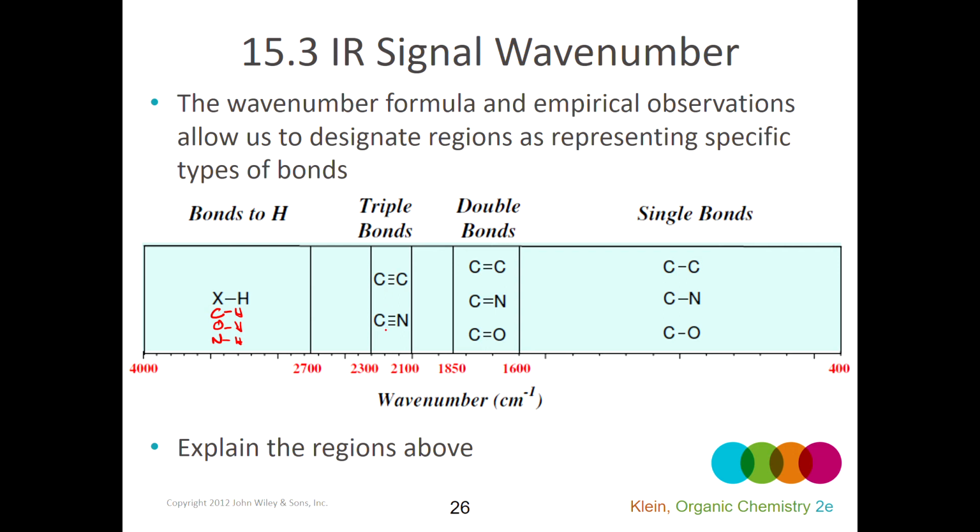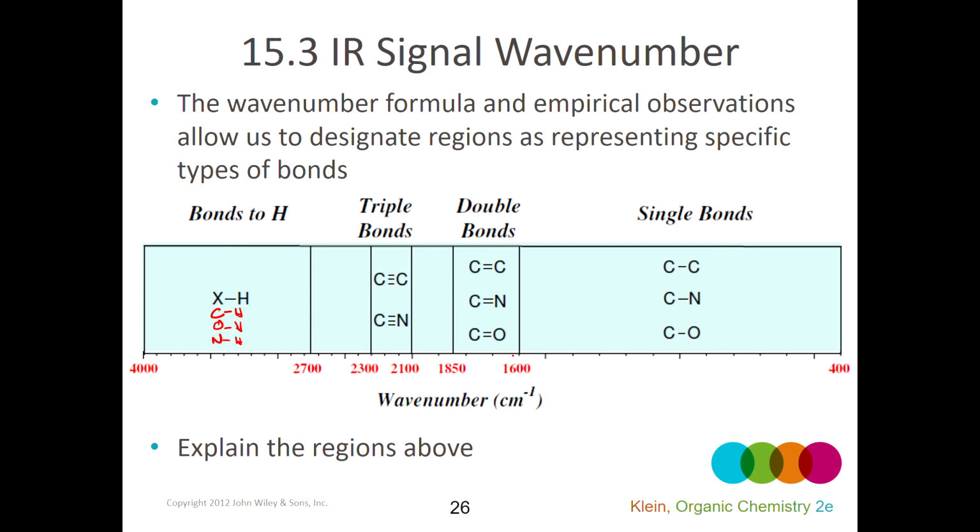Triple bonds are relatively strong, so even though the bond is strong, with the heavier atoms than the hydrogen, it's going to be a lower energy vibration. But stretching a triple bond usually requires a specific quantity of energy. So usually I won't see any signals between 2100 and 2300. But if I do, that's a strong indication that my molecule has a triple bond in it.